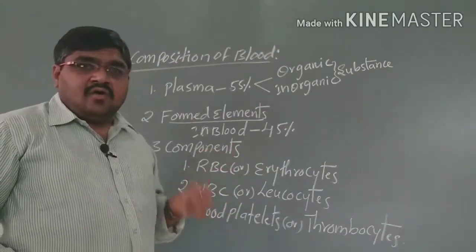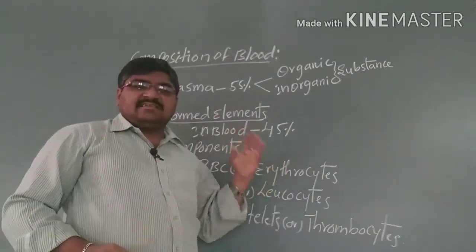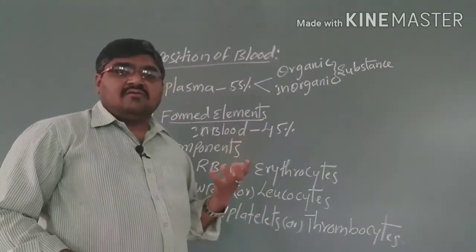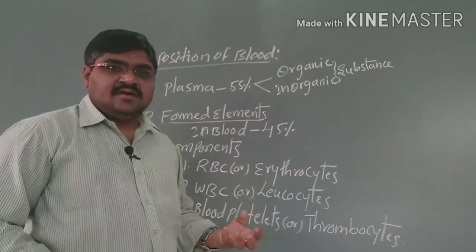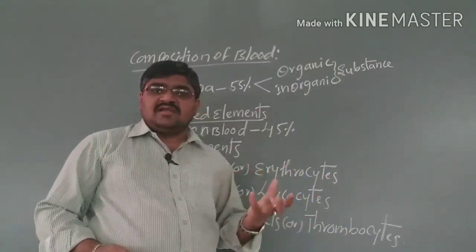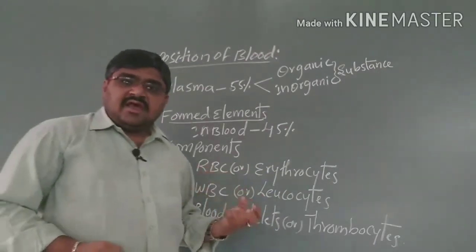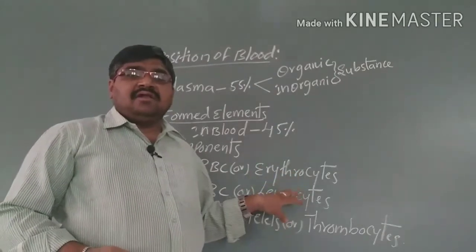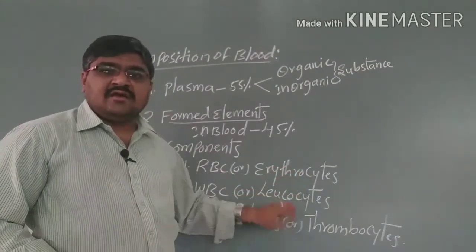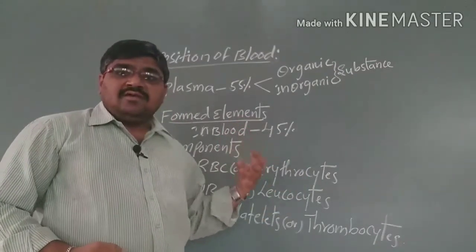One helps in carrying food materials and excretory waste materials, some protect the body against germs, and some help in the clotting of the blood, so that the blood cannot ooze outside. Within a fraction of seconds the clotting takes place. Now we will discuss each one of them.